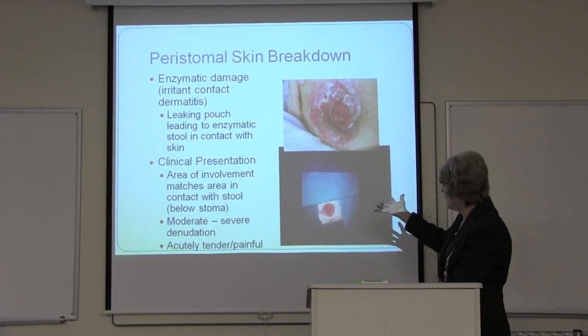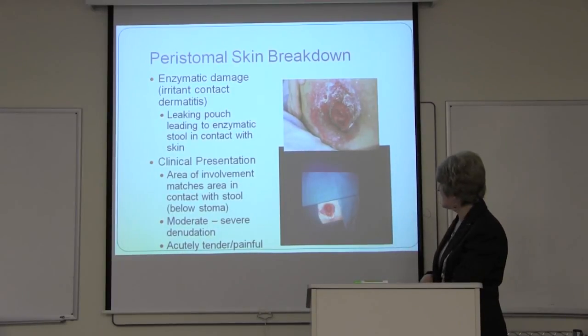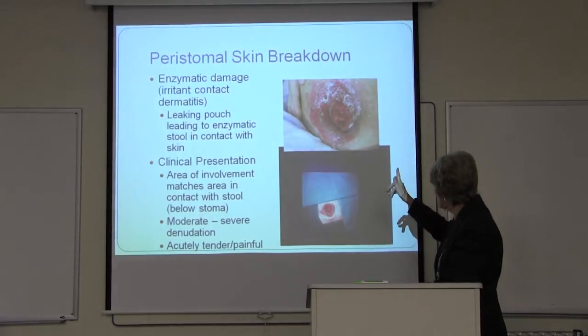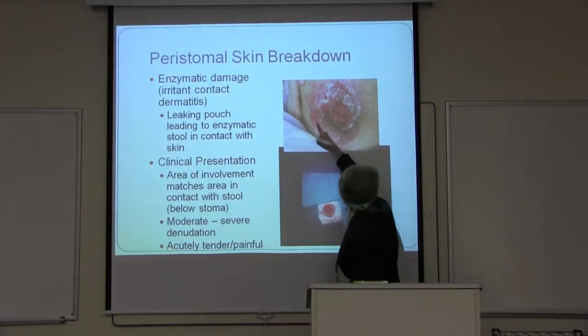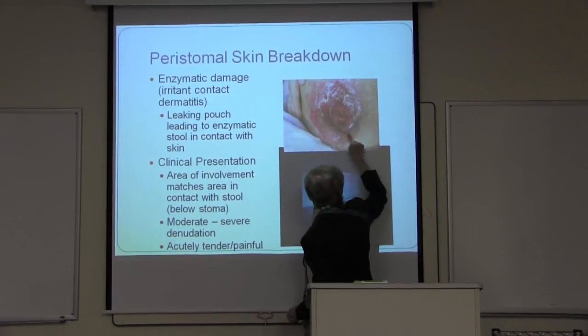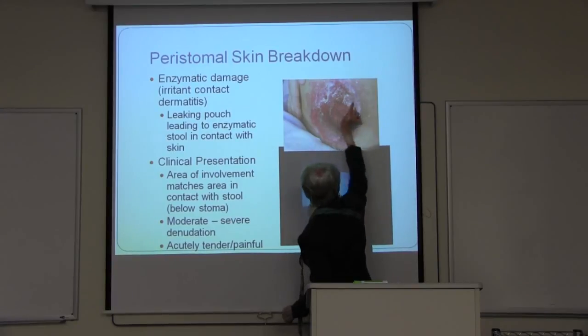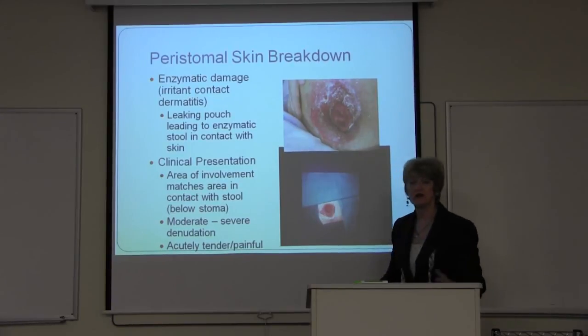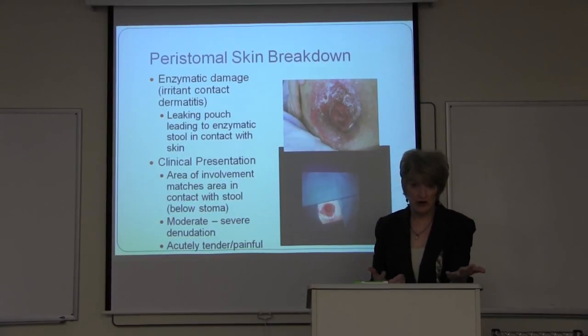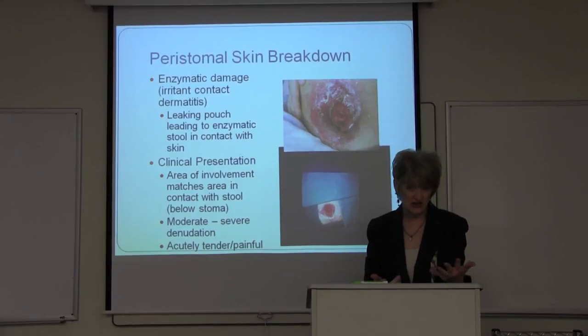This is classic, both of these are classic enzymatic damage, so look at the pattern. I apologize because this one got rotated, but the damage here, this was actually the inferior aspect and this was medial and that was lateral. Much clearer here. But with both of these, the damage was concentrated at the area where drainage touched the skin.